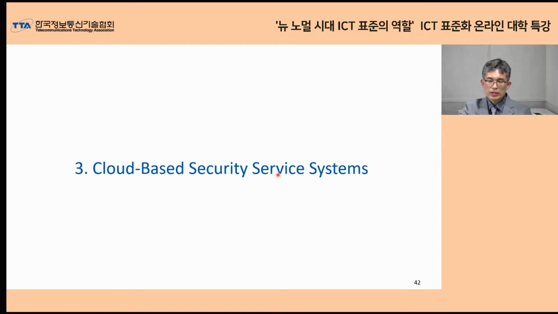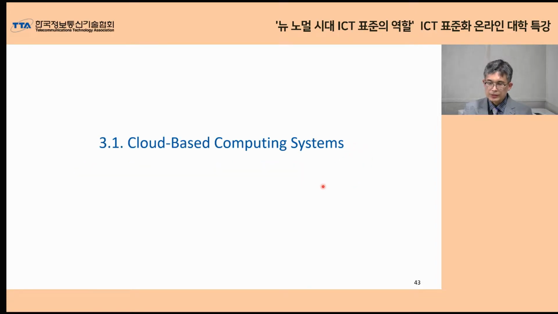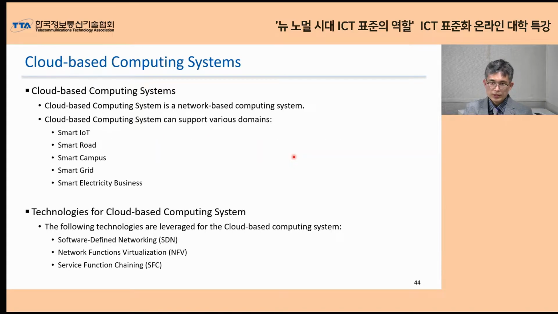The third topic is cloud-based security service systems. Subsection 1, cloud-based computing systems. We have many kinds of smart areas, such as smart IoT, smart road, smart campus, smart grid, and smart electricity business. To support these kinds of cloud-based computing systems, three main technologies are required.